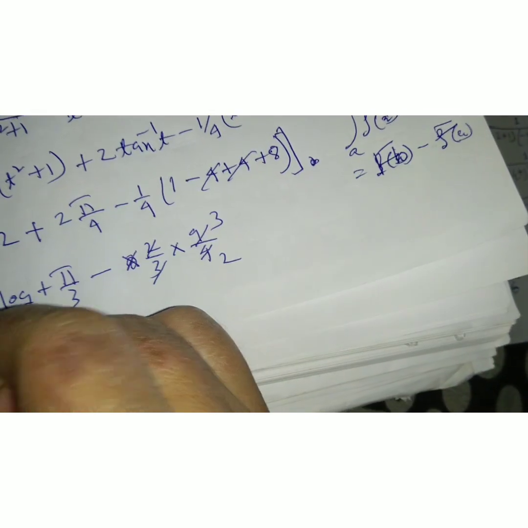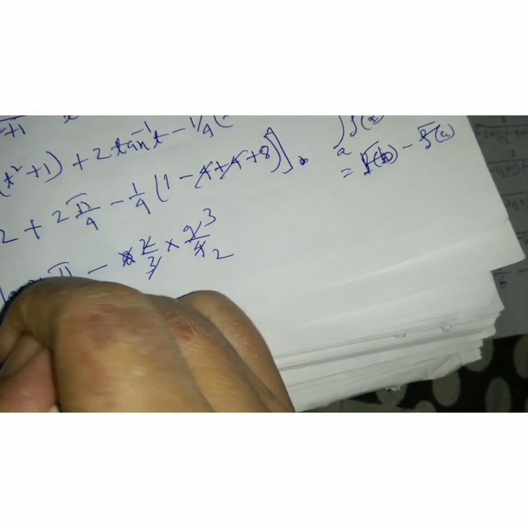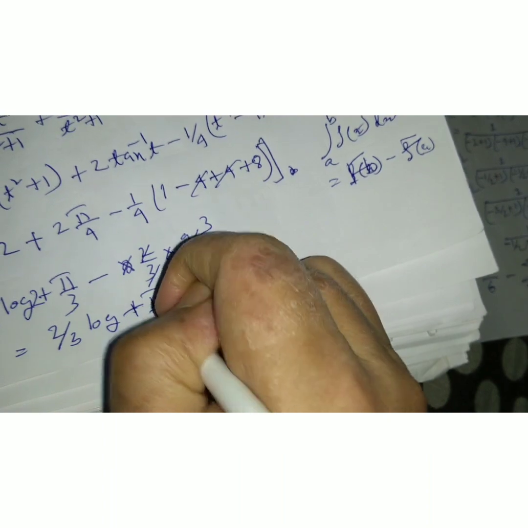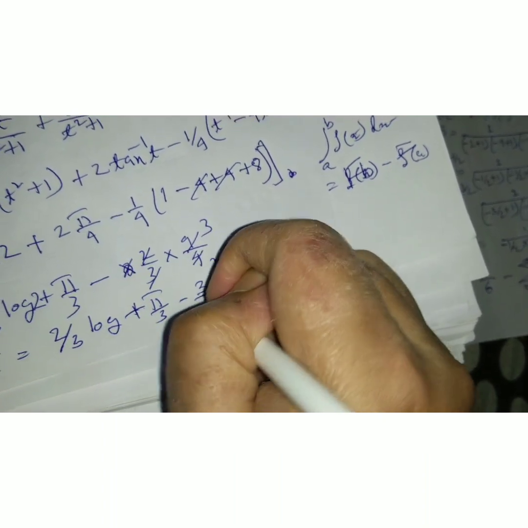I get I is equal to 2 by 3 log 2 plus pi by 3 minus 3 by 2.